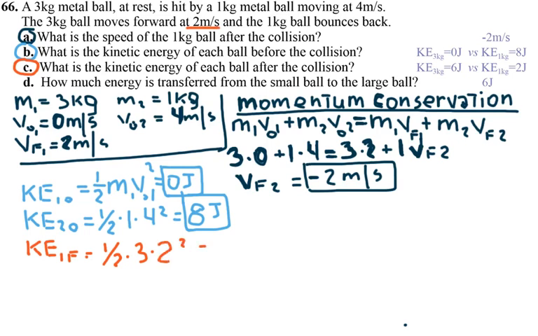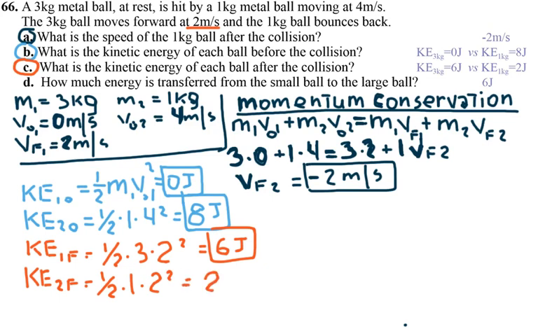So 2 squared gives me 6 joules of energy. And the kinetic energy of the second one, final, is equal to 1/2 its mass and its velocity squared. It's -2 squared, so I don't even have to put the negative because it's going to be squared. Gives me 2 joules of energy.